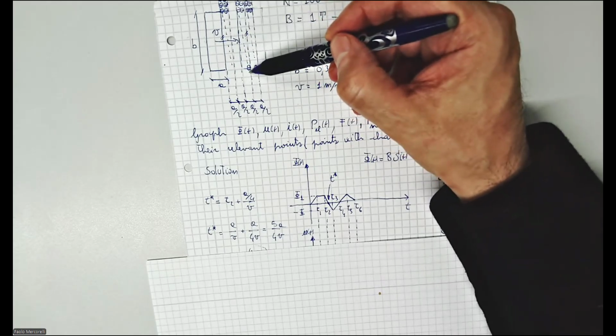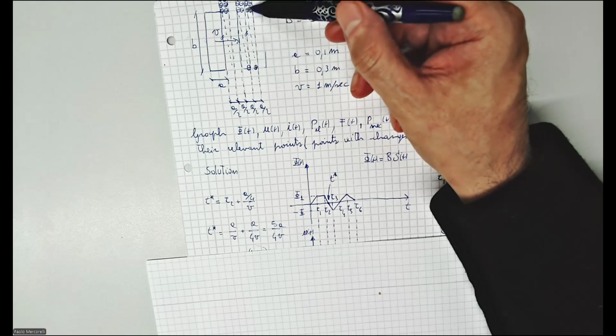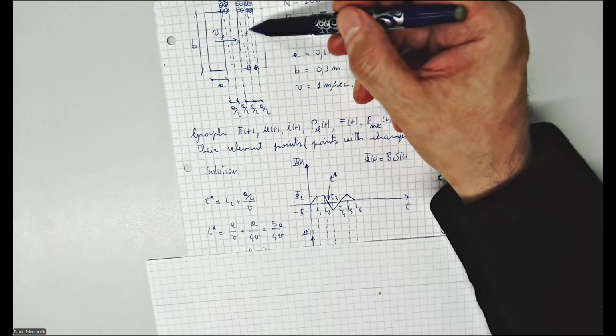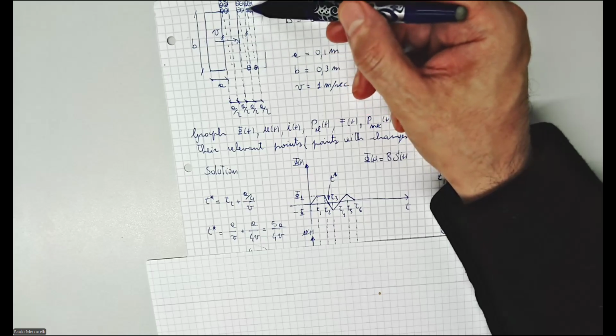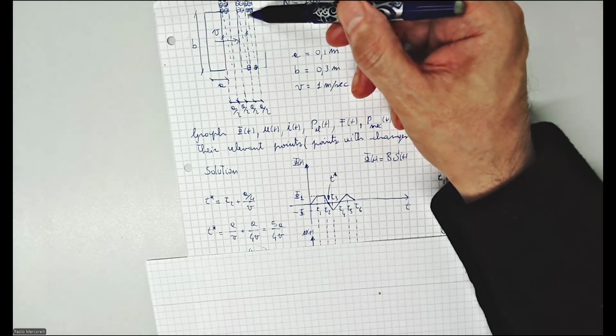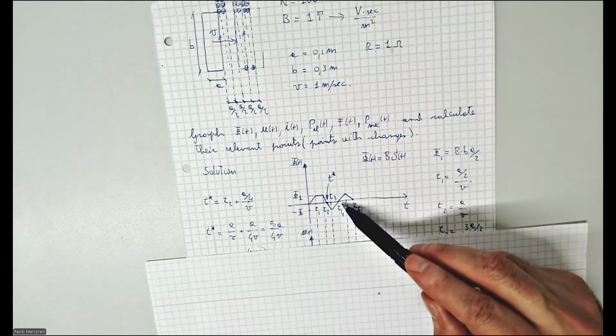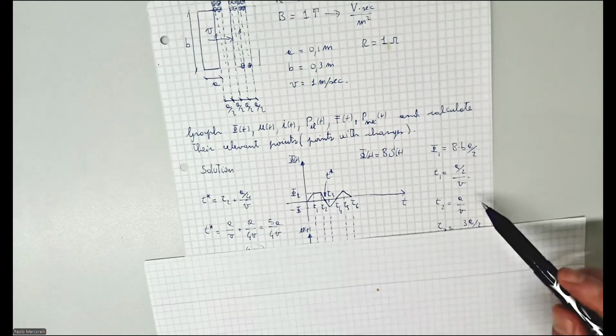And then I am going in this direction. This means I am including positive flux in the coil. You agree? I think you have an error here. Or? Let me see T4.